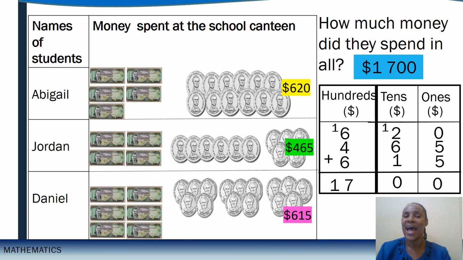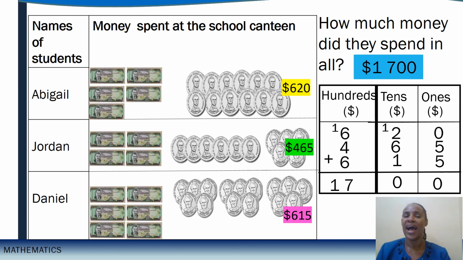And next we will add 6 hundreds to 10 hundreds. 6 hundreds added to 10 hundreds gives us 16 hundreds. And last we will add 100 to 16 hundreds. 100 added to 16 hundreds gives us 17 hundreds. So there we have it, boys and girls.